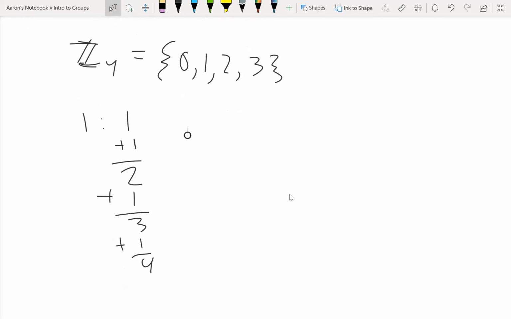We say that Z4 is generated by the element 1, because every element in Z4 is some application of 1 to itself over and over, some number of times.